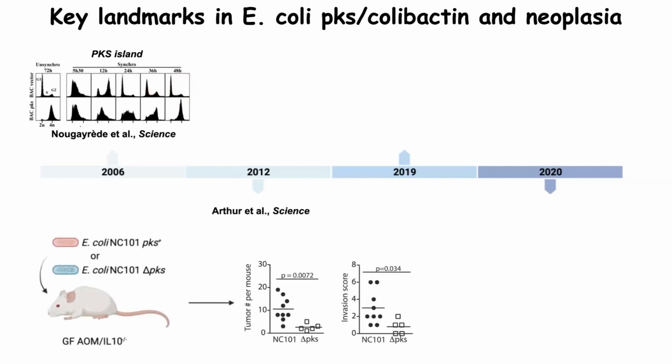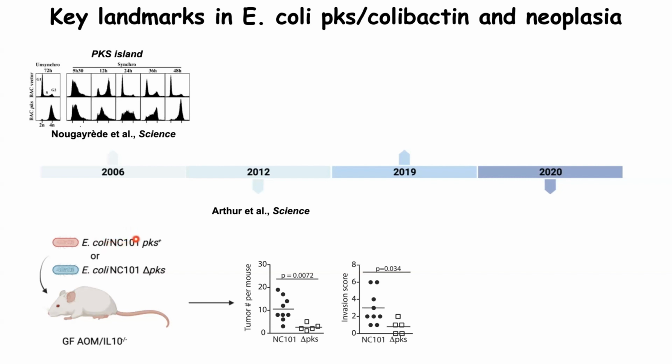But no one knew exactly the role in cancer. We discovered 6 years later that some E. coli found in the animal facility, which we didn't know existed but found in our colony, and we call it NC101 because I was at the University of North Carolina at that time.